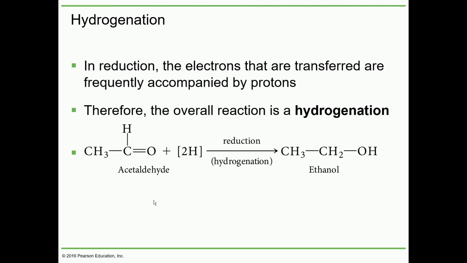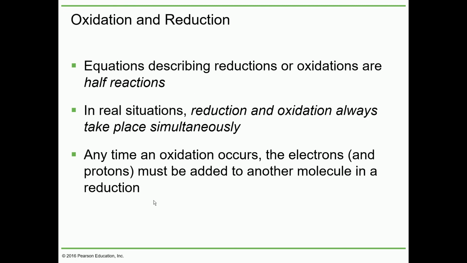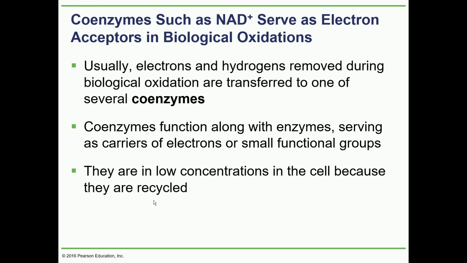In this process of cell metabolism, there are some coenzymes which are electron carriers. They take the electrons to their final destination, which is the inner membrane of mitochondria.